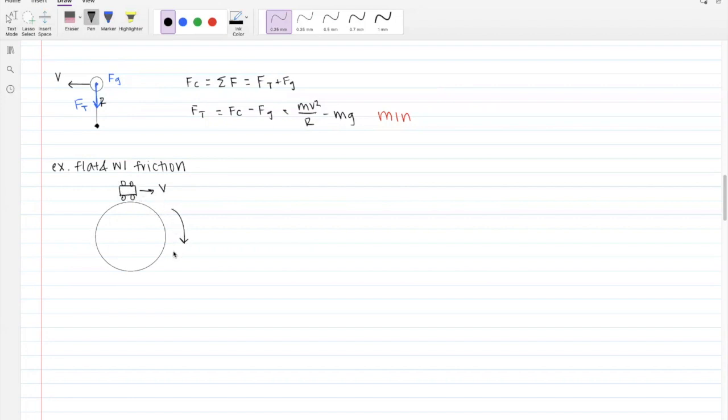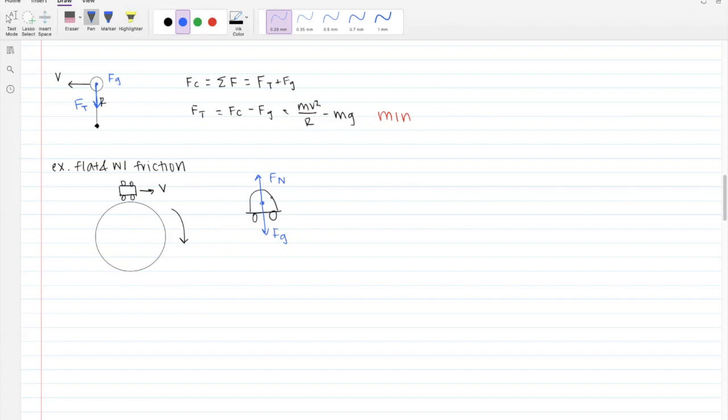that is rotating about a circle that's on a flat surface and has friction. Now, because the car is not levitating, that means it's not accelerating in the y direction. So if we draw the car from this view, we have the force of normal from the surface and the force of gravity pointing straight down.